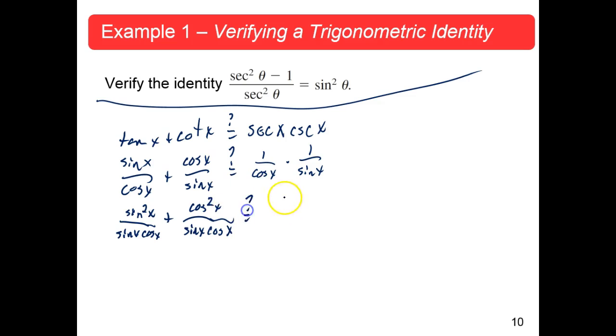Now the question is, is that the same as, let's just write this as 1 over cosine x sine x? We will do that to the right-hand side, so it's simple. Well, you've got the two common denominators. That means keep the denominator, sine x cosine x, and combine the numerators. What does that give you? Sine squared x plus cosine squared x.